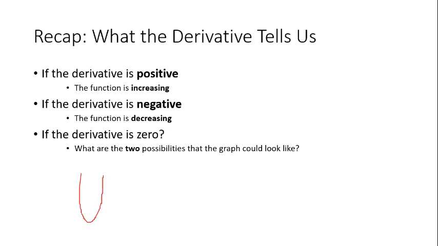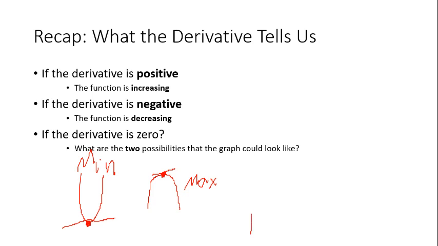So at this minimum right there, the tangent line is equal to 0. So at this minimum, the derivative is equal to 0. Also, we have maximums. So at this maximum right here, the tangent line is horizontal, so the derivative is equal to 0.